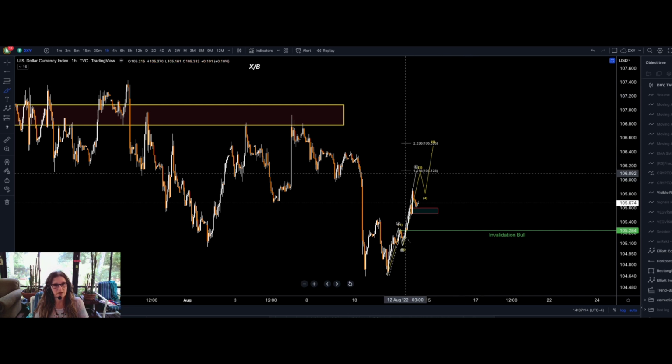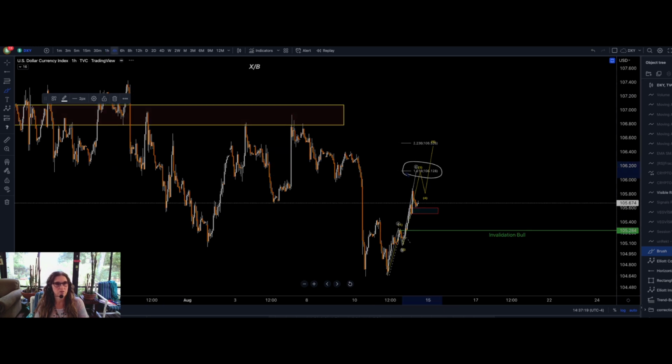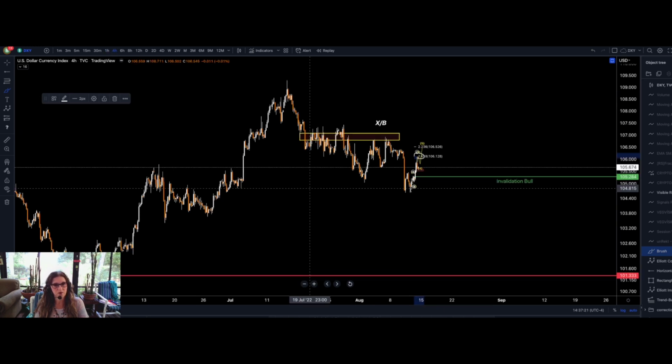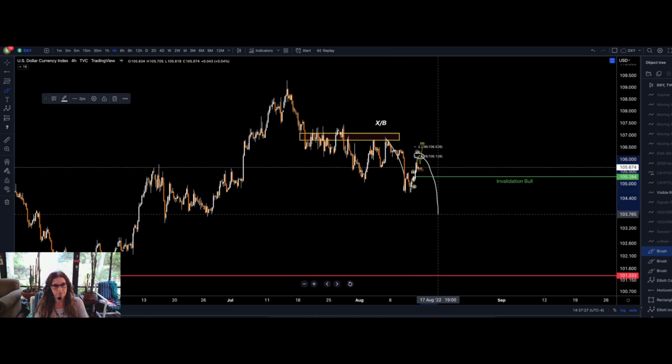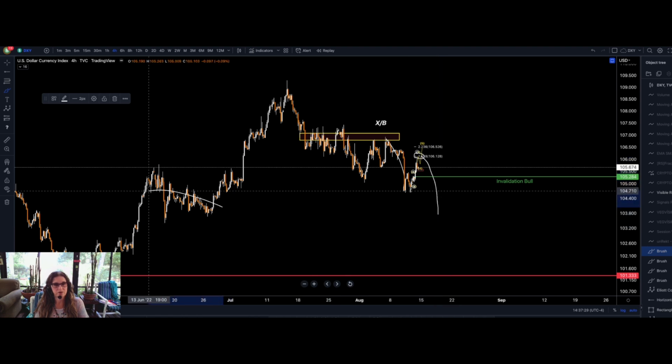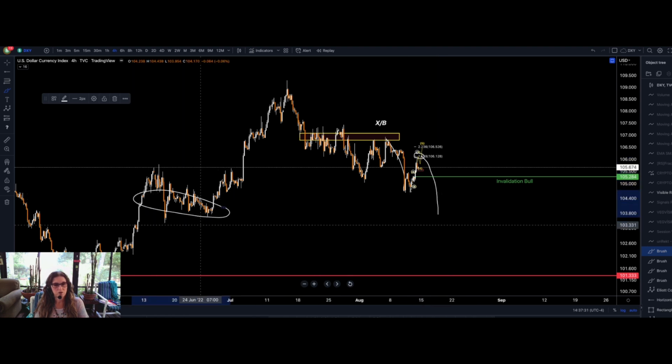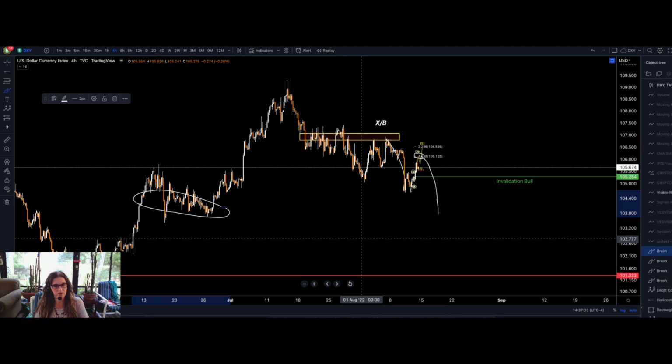If it doesn't make it, then it's just an ABC. And then it is giving us a bigger correction where it's going to give this leg a partner to the downside. And then we'll have to see, does it hold this order block or does it come all the way down to the red line?